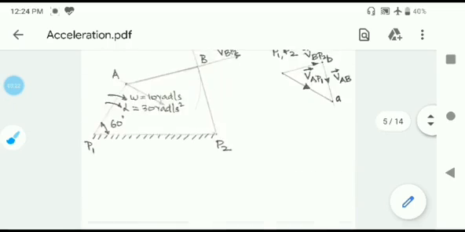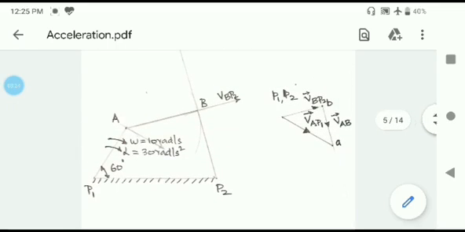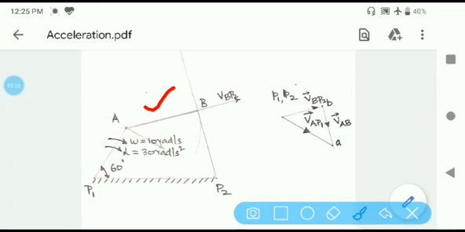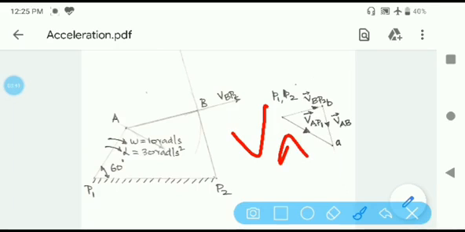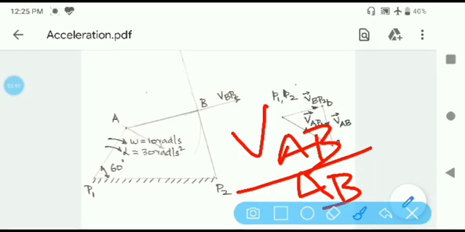Now as the next question, we need to find the angular velocity of link AB, the connecting rod. That is also given by the same formula, that is velocity of A with respect to B divided by AB equal to omega AB.